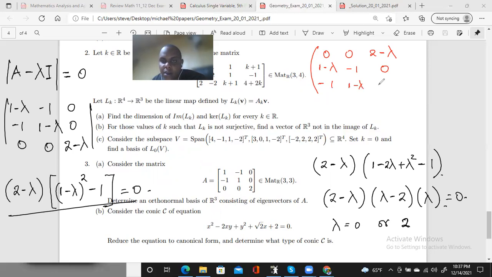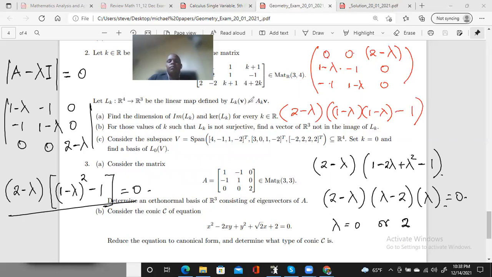You switched the rows. Yeah, I switched. And so I could see 0 times that, 0 times that, I don't care. So I just picked 2 minus lambda. And then this determinant: 1 minus lambda times 1 minus lambda, minus negative 1 times negative 1. There you go. Yes, that's a way to do it.